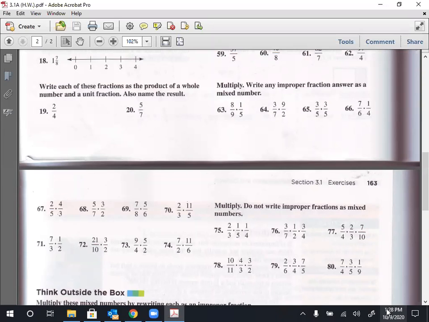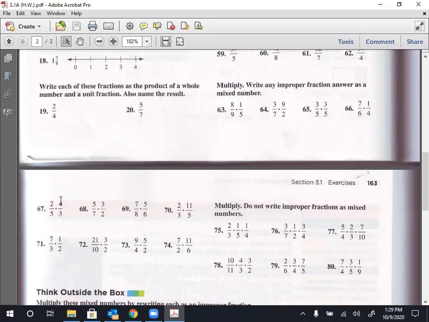You're multiplying straight across, the tops by themselves and the bottoms. 8 times 1 is 8. And what is 9 times 5? 45. Right. And we stop because the top is smaller.